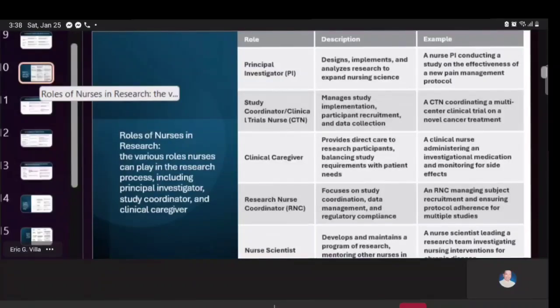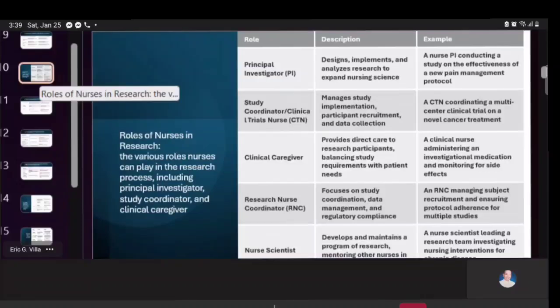Another role is the clinical caregiver. In research settings, the clinical nurse has the unique challenge of balancing study requirements with patient needs. These nurses provide direct care to research participants, administering investigational treatments, monitoring adverse effects, and collecting research data.